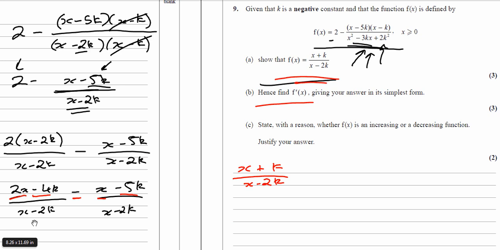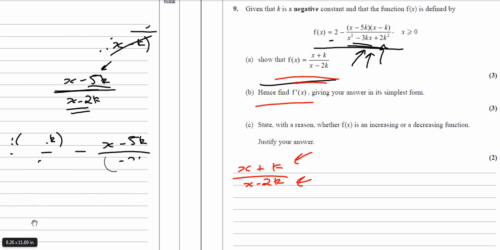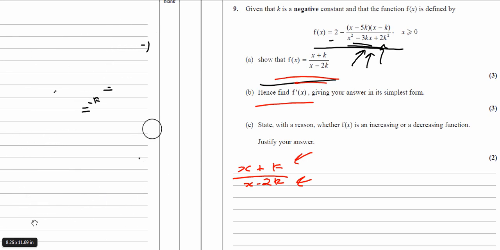So we've now got to differentiate it, and just like last time, we've got a function divided by a function. So in that case, we use the quotient rule. So we're going to say that u equals x plus k. So du equals 1. Now that's because x differentiates to 1, and k, remember, is just a constant.